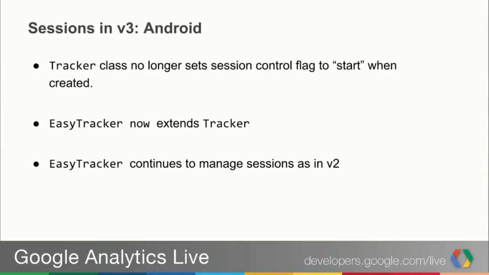For people who are using Easy Tracker on Android in V2 right now to handle session management, there's probably no noticeable change in V3, right? The one noticeable change is when they first start. When Easy Tracker first starts, it will assume a new session because whatever time period you put in there will have expired. I see. Yep.